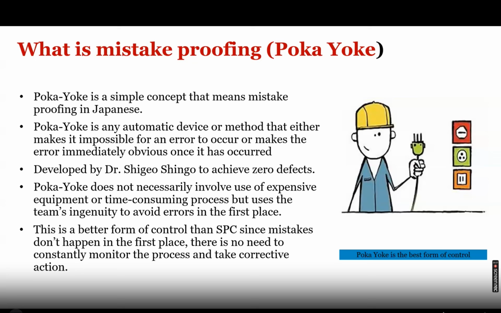Because this 3-pin plug cannot go into a 1-pin socket or a 2-pin socket. It can only go in the 3-pin socket. So even if the person wants to make a mistake, he cannot. That is what is called Pokayoki. That is, create an environment in such a way that no defect could come out of the process at the first instance.